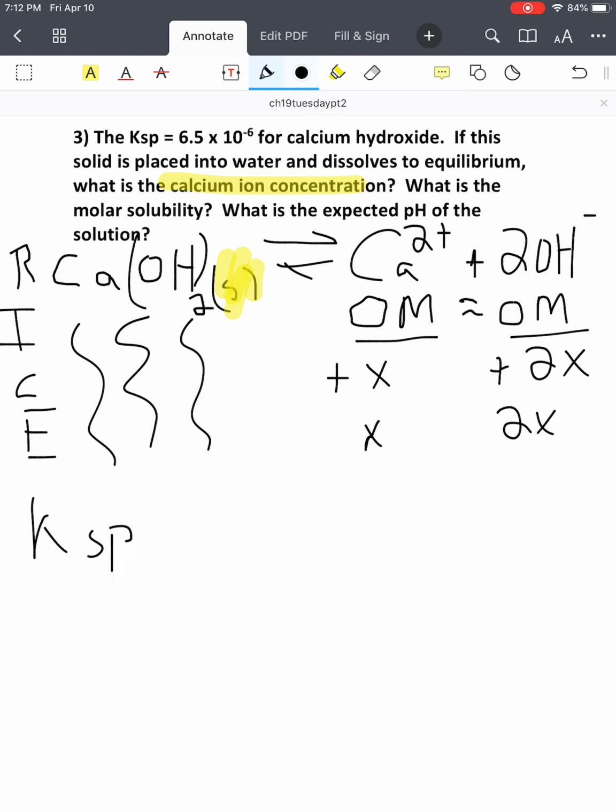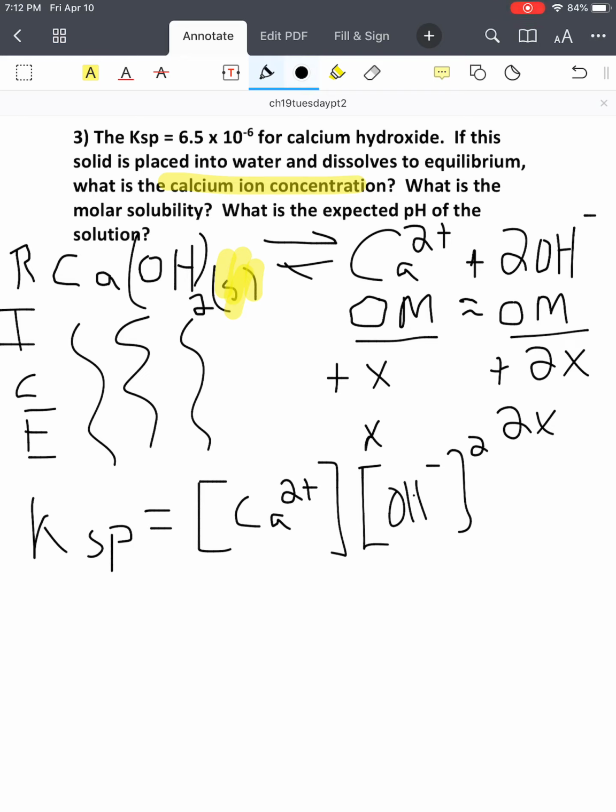Since we've now learned how to write the KSP expression as being equal to the equilibrium concentrations of the ions multiplied times one another, that one we have to square because of that 2, we can then substitute into that expression our expected values: x for our calcium concentration, and 2x as our expected concentration at equilibrium for hydroxide.